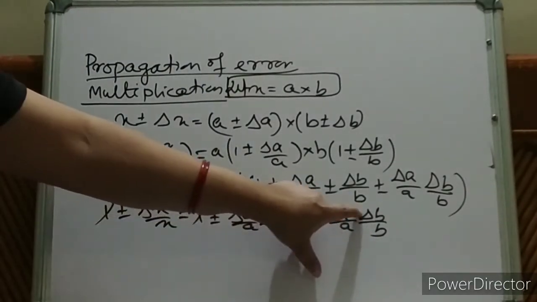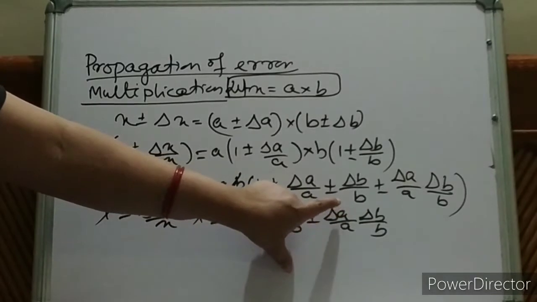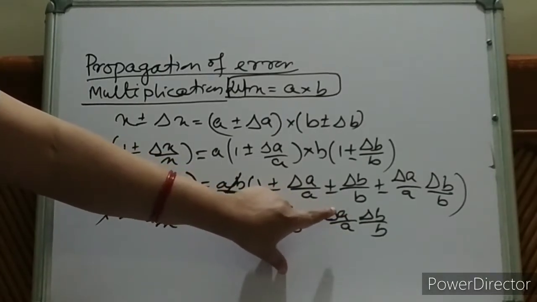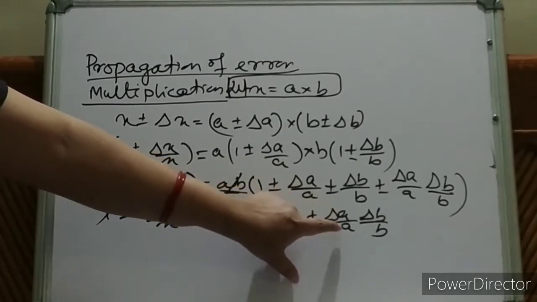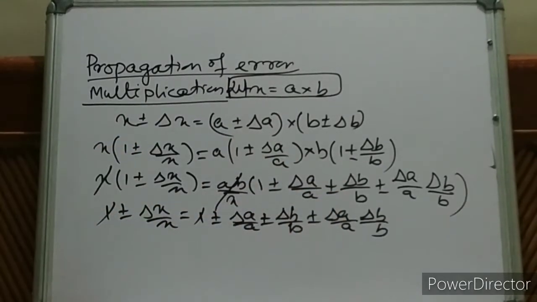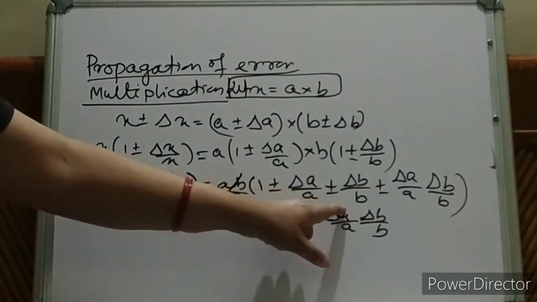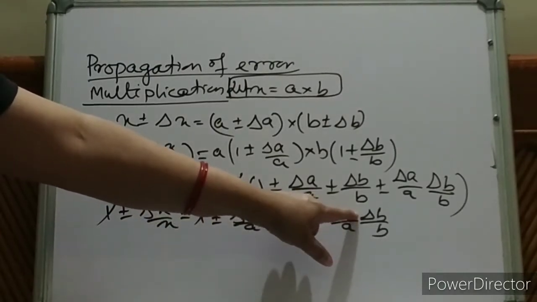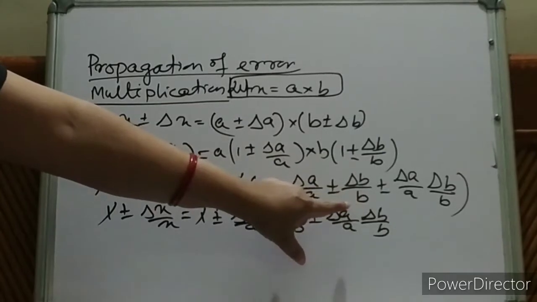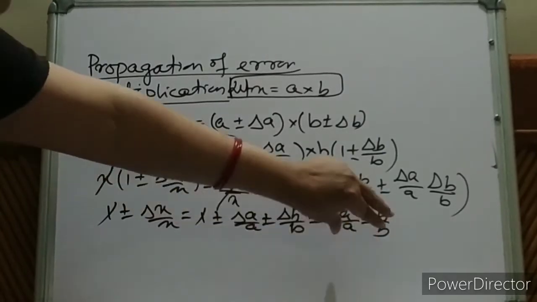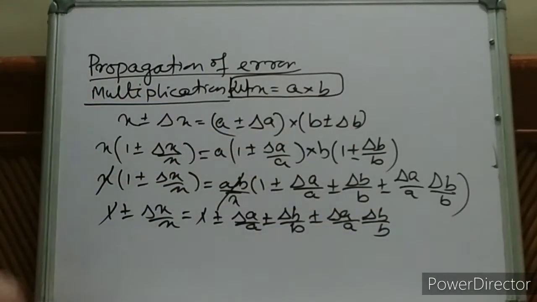See, these are your errors, so they are very small. Your delta a is very small compared to your a, so this quantity will be very small. Since it is a small quantity, we can neglect this product.